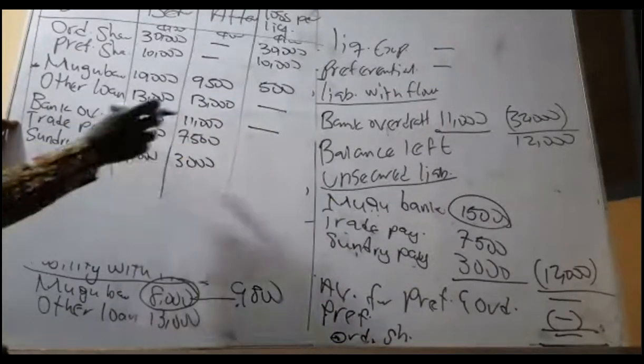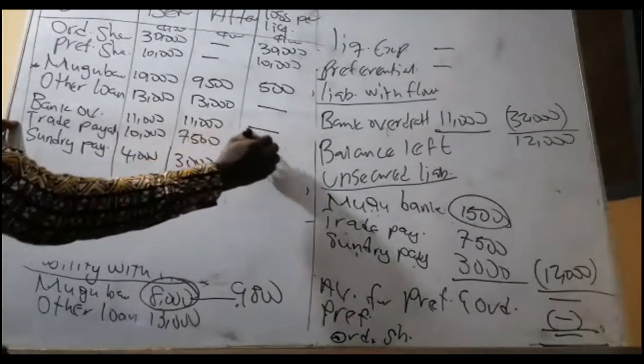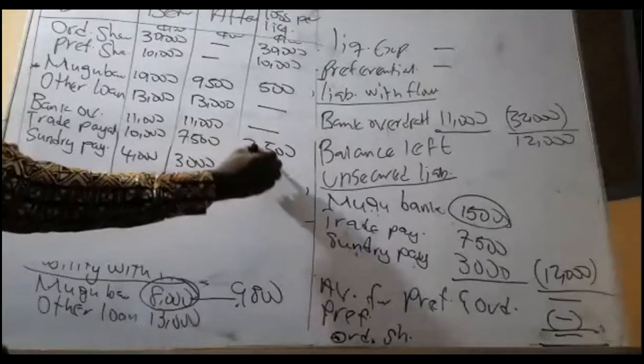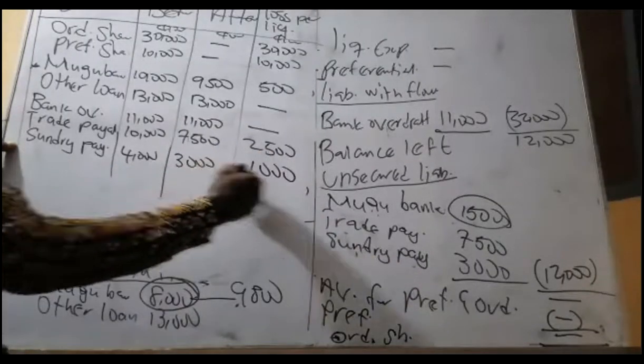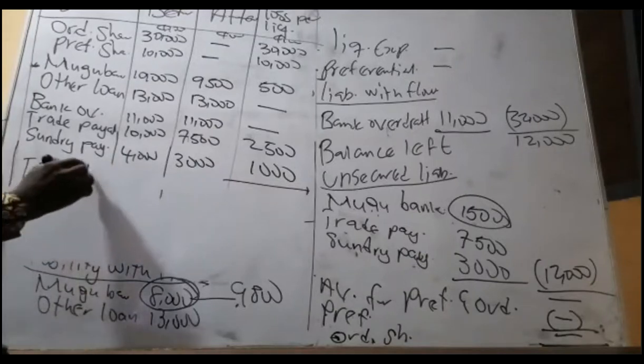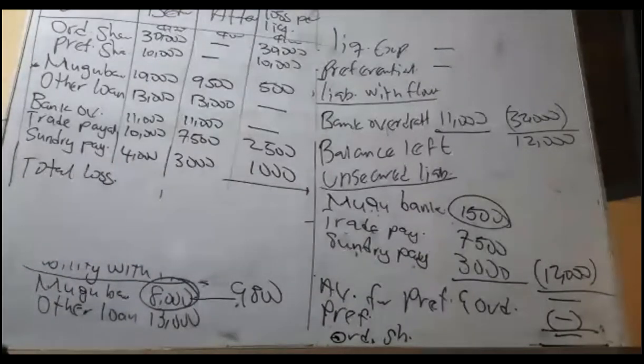Trade payable, they are losing 2,500. Salary payable, they are losing 1,000. Putting all the loss together, 30, 10, 40,500, plus 3,000, so that's 44,000.